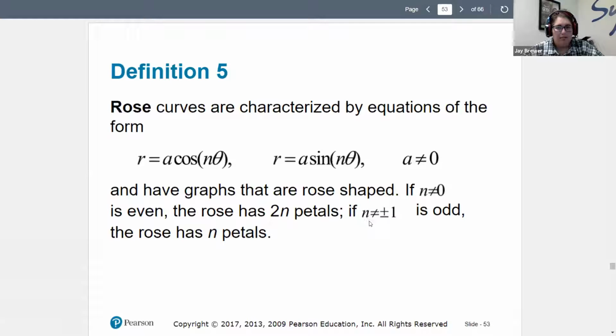If n is not equal to plus or minus 1 and is odd, the rose has n petals. Okay. I think those are really pretty. That's just me. I think they're cool.